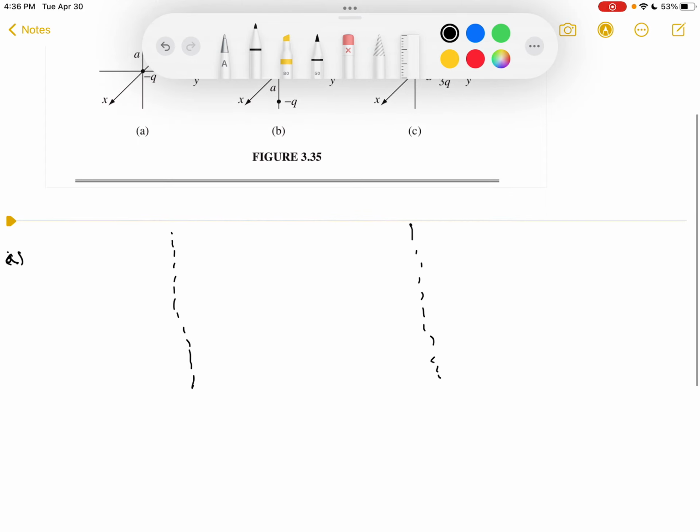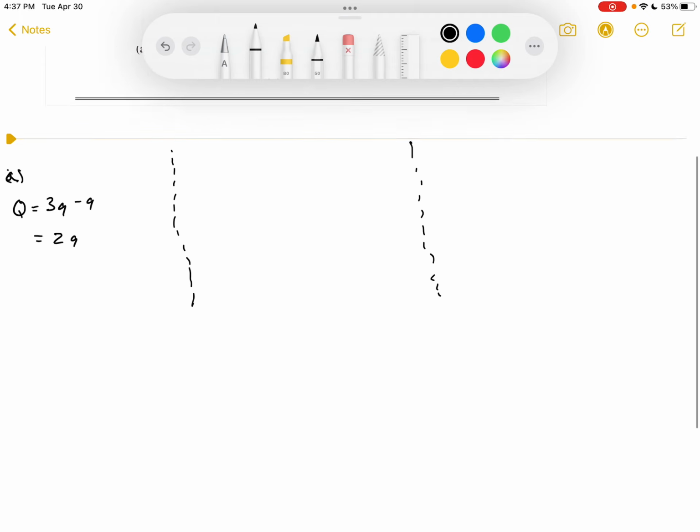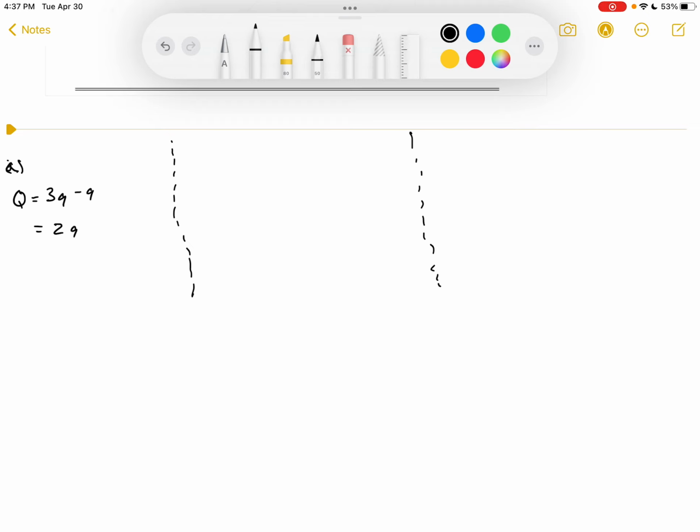It would just be the addition of those two. So our monopole moment would just be 2q. The whole math, it would be 3q minus q, so it would just be equal to 2q.